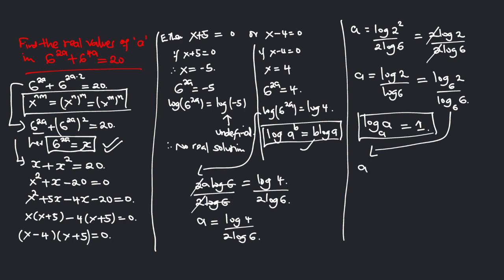So a will now be equal to log to the base of 6 of 2 over 1, which is log to the base of 6 of 2. So this becomes our solution, our answer. And of course, if you like, you can go ahead and evaluate log to the base of 6 of 2, and if you do that, you will get 0.3869.